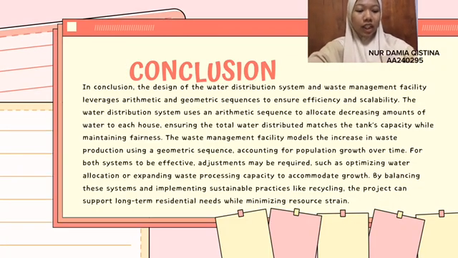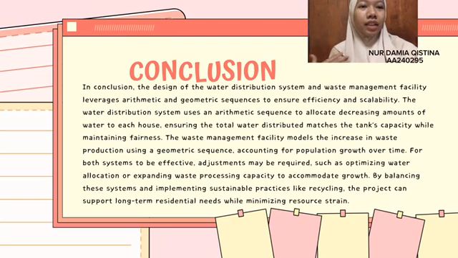In conclusion, the design of the water distribution system and waste management facility leverages arithmetic and geometric sequences to ensure efficiency and sustainability. The water distribution system uses an arithmetic sequence to allocate decreasing amounts of water to each house, ensuring the total distributed matches the tank capacity while maintaining fairness.